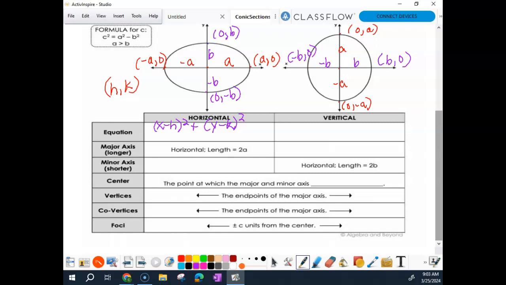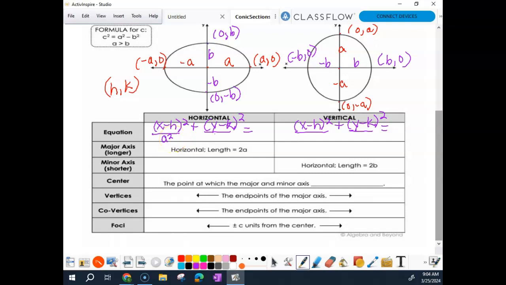It equaled the radius. Do I have a radius this time? No, I don't. But this part is going to stay the same. So the longest axis is A, and this is the longest axis, and it's X this time, so I'm going to put A squared here.